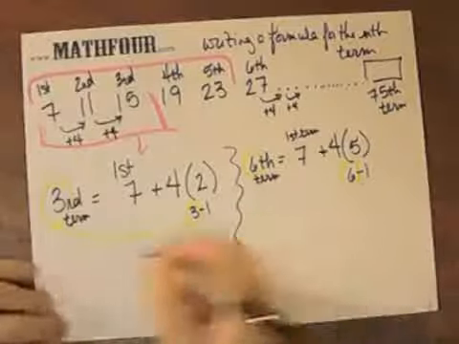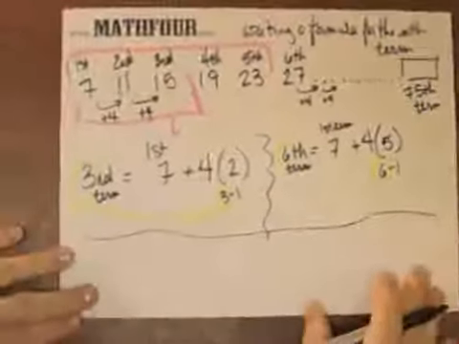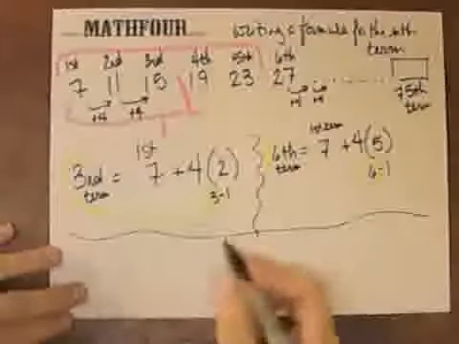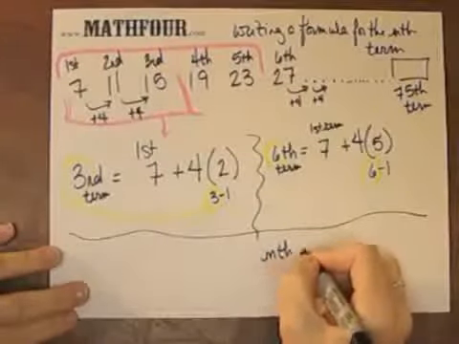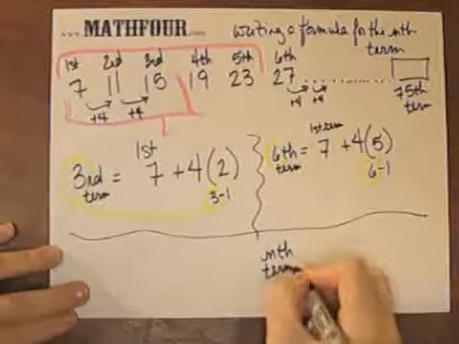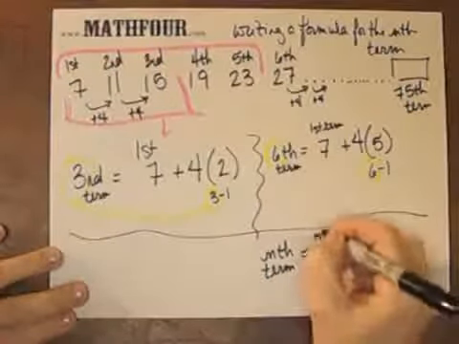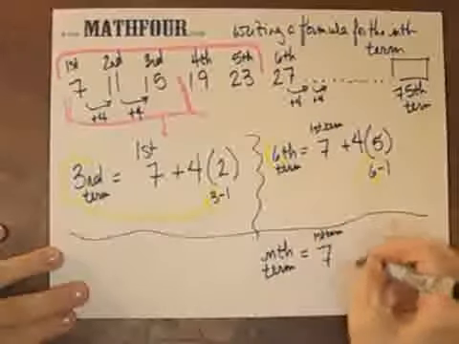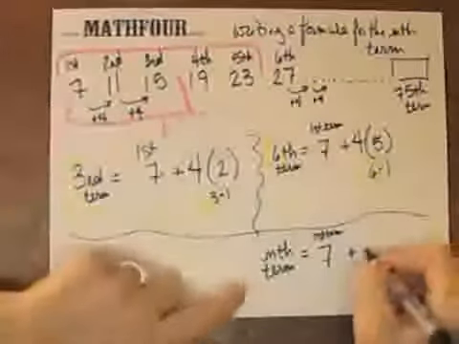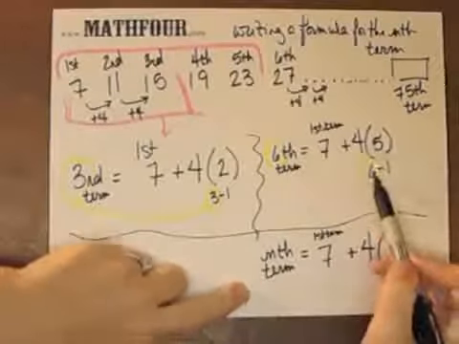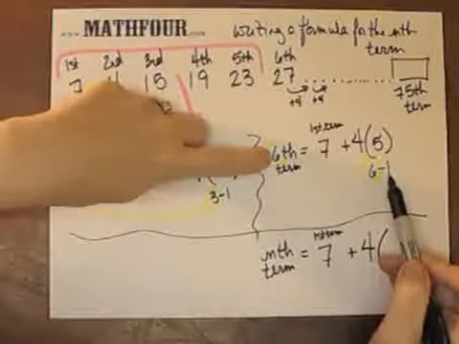So for the nth term, I have the nth term equals, I'm still going to use the first term, plus, and I'm adding 4 times, this number is always this guy minus 1.